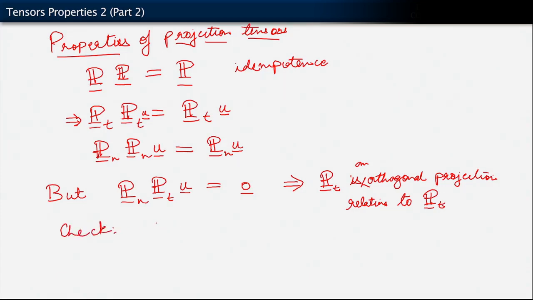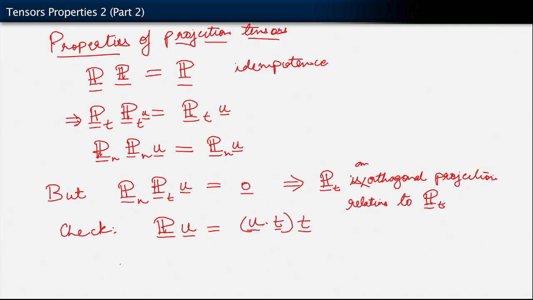Let's start out with P sub T acting on U. We know that this is U dot T along the T direction.